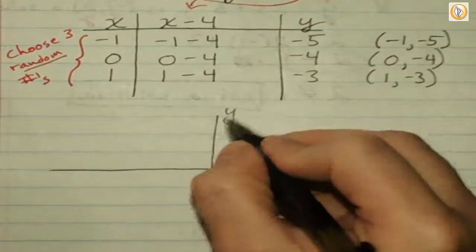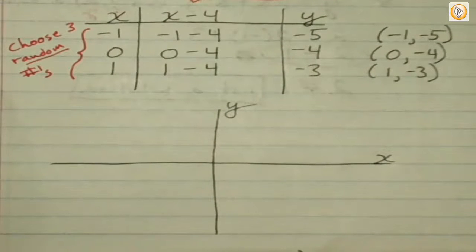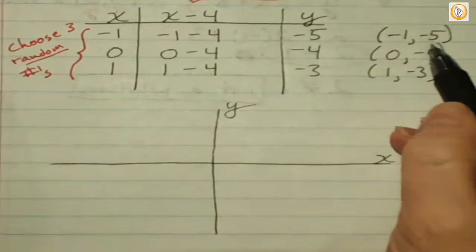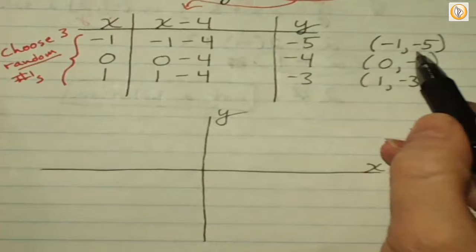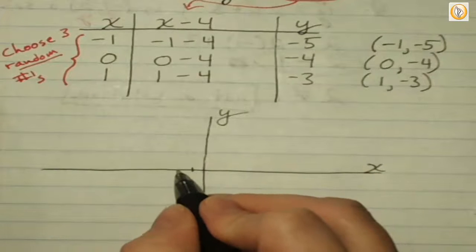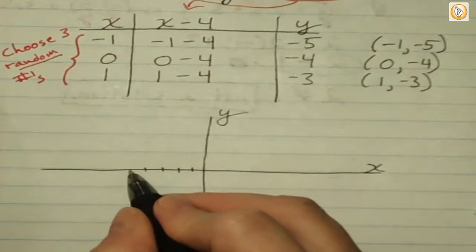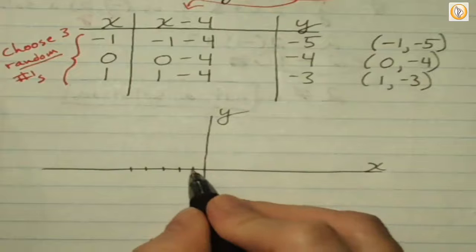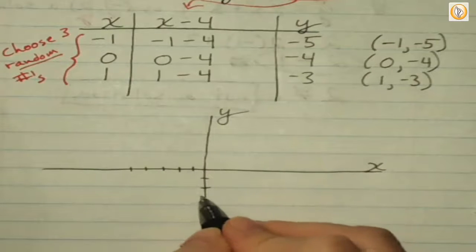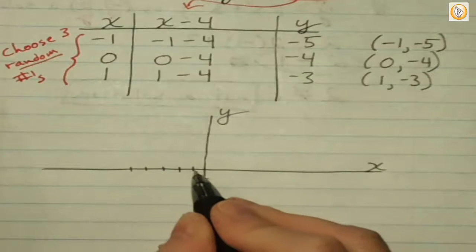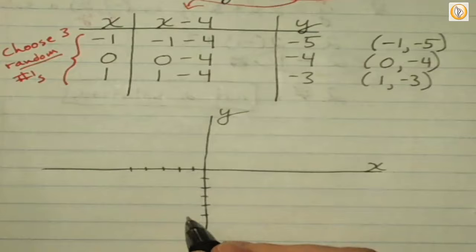Here's my x, here's my y. My first ordered pair is -1 and -5. So -1, and then 1, 2, 3, 4, 5. So -1 is my x. y is -5, so my dot will be here.